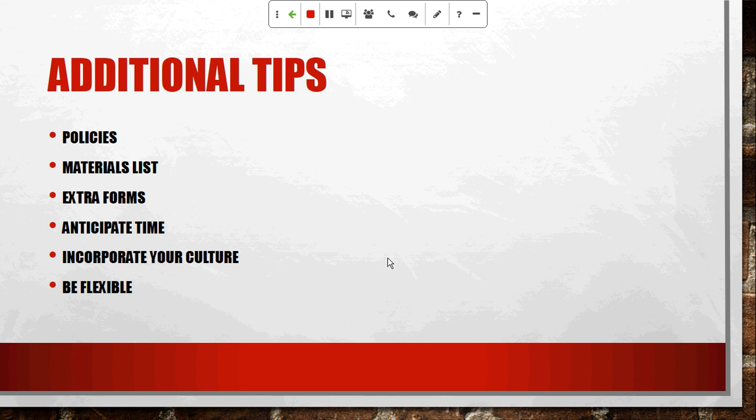Also, when possible, incorporate your culture. Incorporate your tribal culture. I'm a huge cheerleader for making programming more culturally relevant and competent, and this event is no different. Incorporate your tribal culture and customs into your CPS planning and programming as appropriate. For example, I had a tribe that, for whatever reason, their community was reluctant to accept car seats from their injury prevention program.